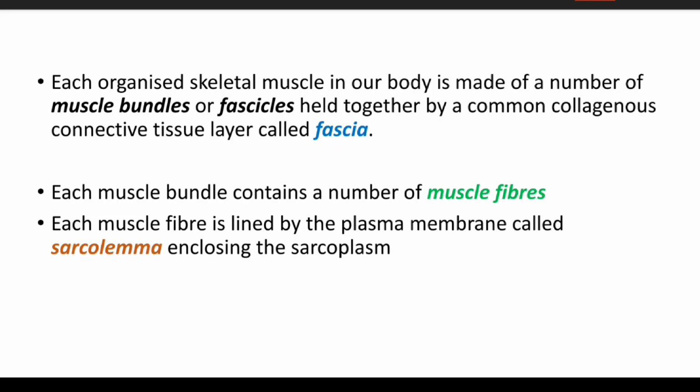Each organized skeletal muscle in our body is made up of a number of muscle bundles, also known as fascicles, held together by a common collagenous connective tissue called fascia. Each of the muscle bundles contains a number of muscle fibers.